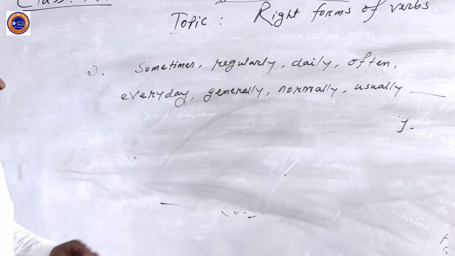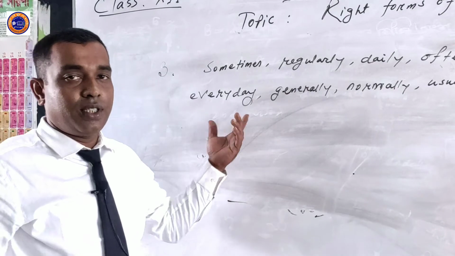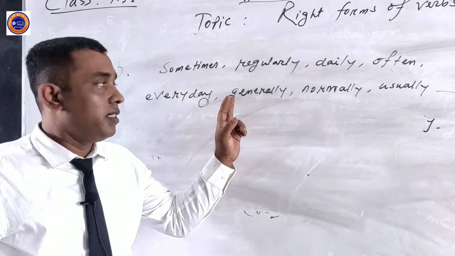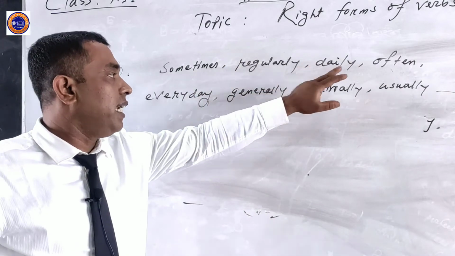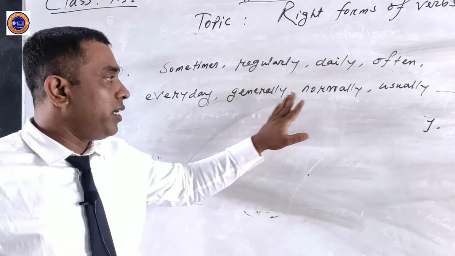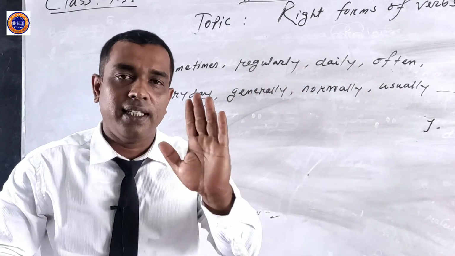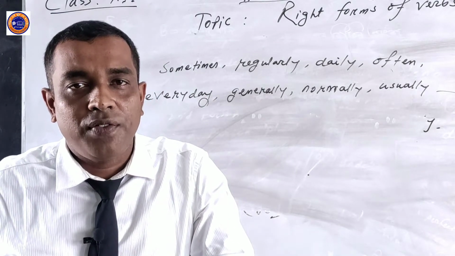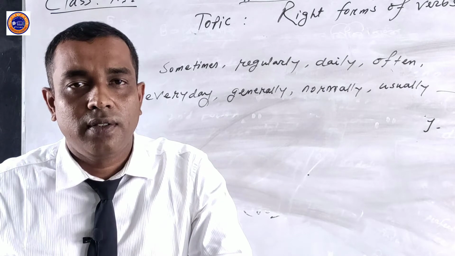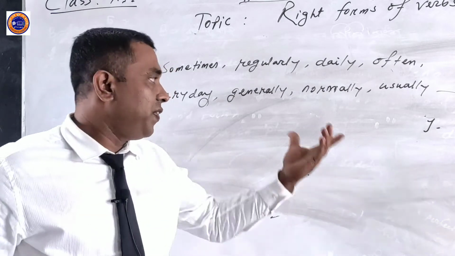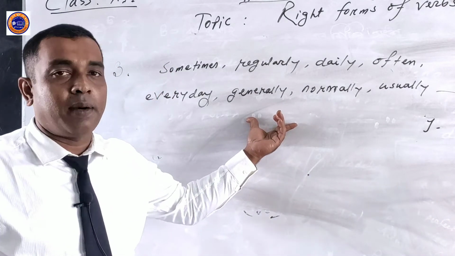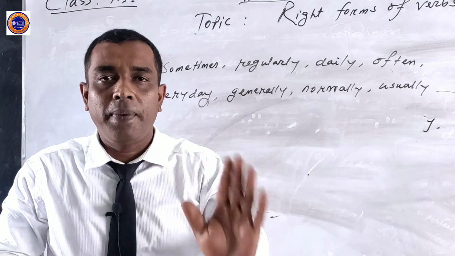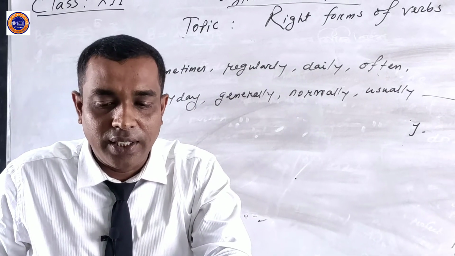Dear students, if any of these words are present in a sentence, you must understand that this sentence will be present indefinite tense. I am repeating this. If any of these words are present in a sentence, you must understand this sentence will be present indefinite tense.